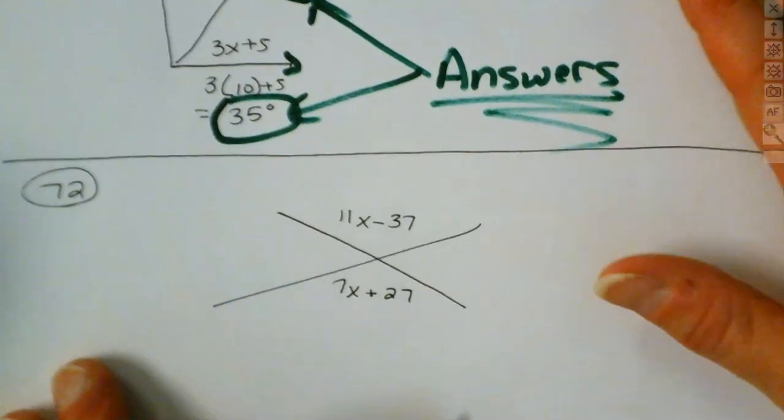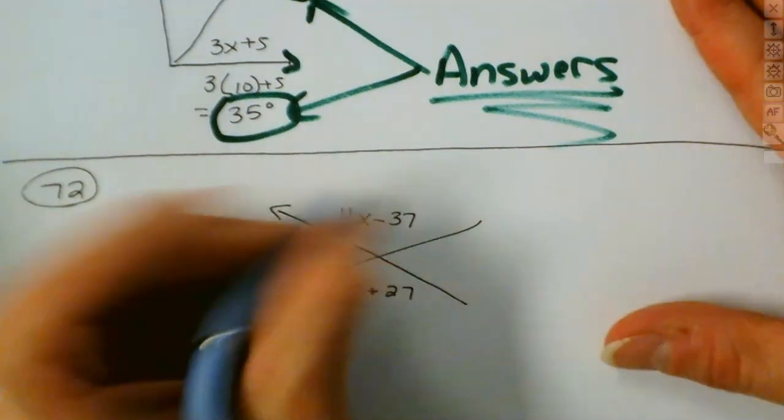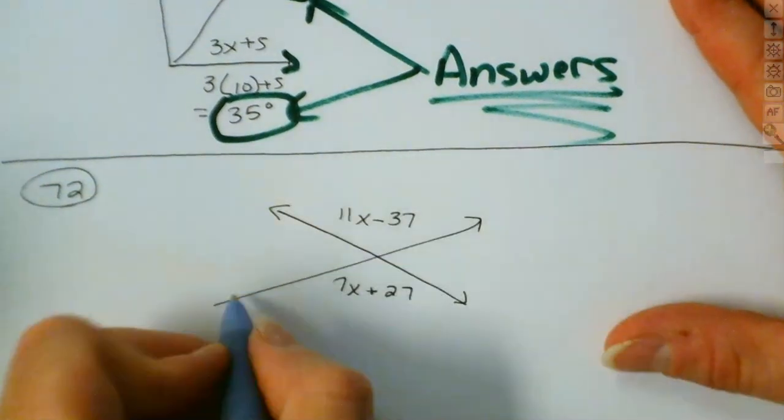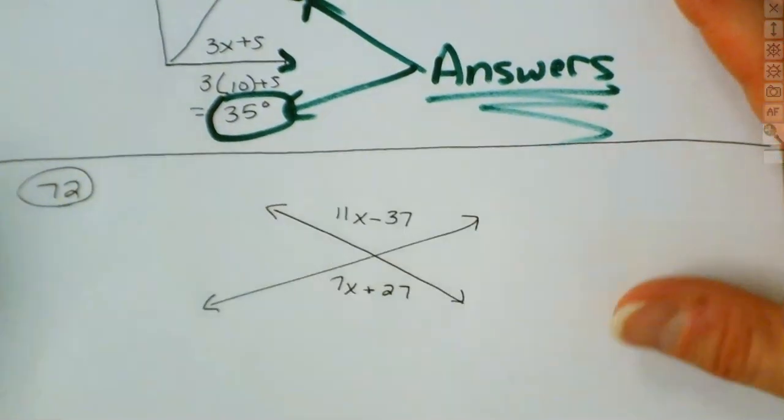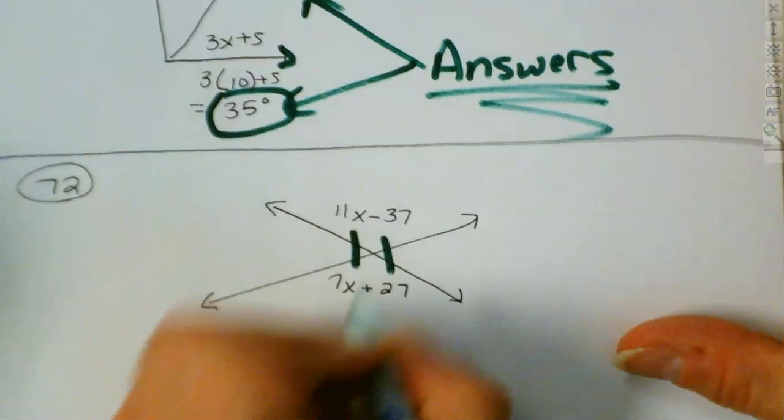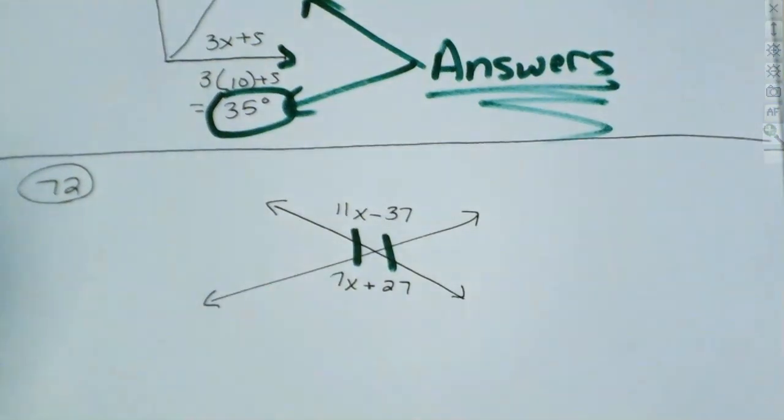Okay, so what do we know about this one? Does this form some kind of an X? Yeah, okay. So we know then what? We know these are going to be the same, don't we? Okay, top equals bottom, left equals the right.